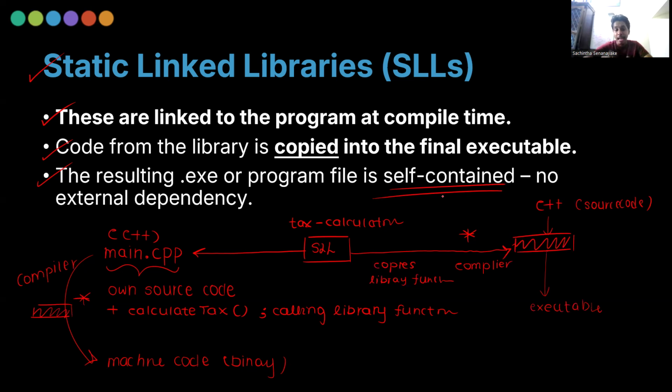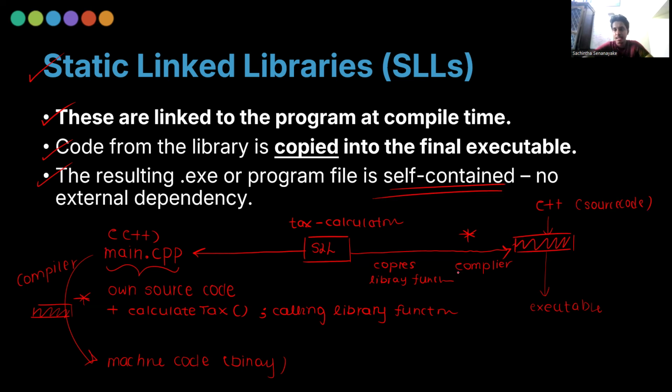So the calculate tax function was implemented in a different static link library, but the fact that you've now compiled it means that a copy of that now exists in the final executable. Not that it's visible to you, but it's embedded together in the final executable. So the final executable, therefore, no longer needs to refer to this static link library because it's literally a copy of the calculate tax function in the single executable itself, right? And I want to make one more clarification here, guys.